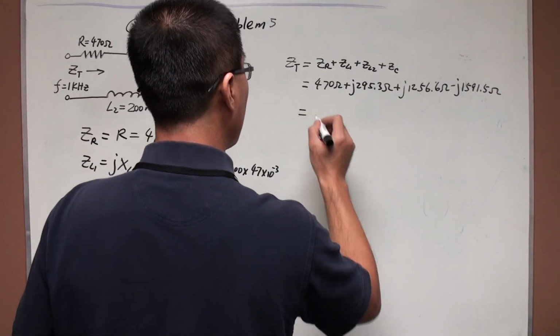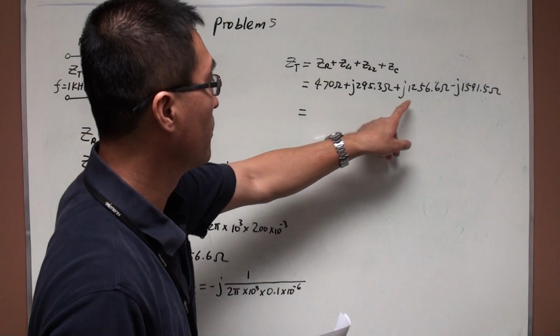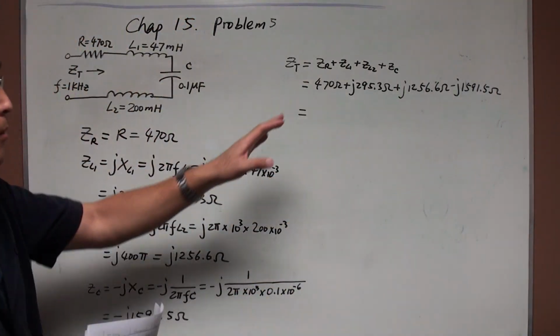Okay, so you can see we have 3 items with j.